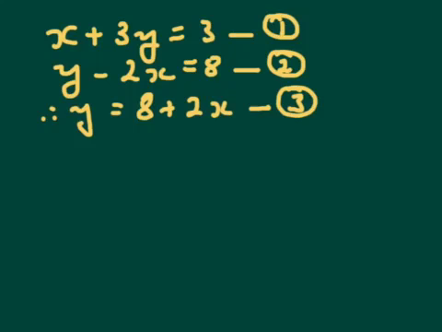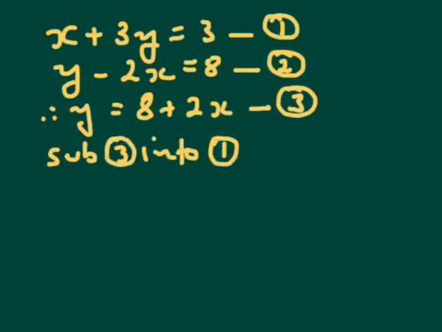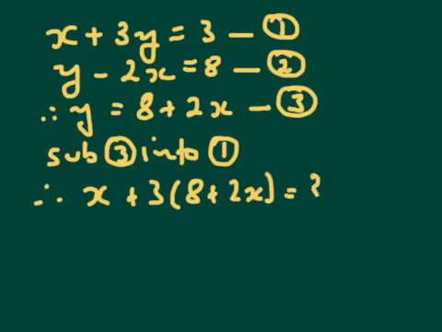So the first thing I'm going to do is replace the y here with what y is, which is 8 plus 2x. Okay, so I'm telling the reader that what I'm doing is subbing, or substituting, equation 3 into equation 1. Most important you tell the reader what's happening. So therefore we get x plus 3 lots of 8 plus 2x equaling 3.